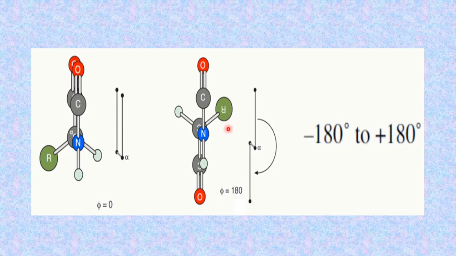If they are very bulky, they won't permit rotation around this particular bond. For example, glycine, where the side chain is just a hydrogen atom, permits the maximum possibilities of various rotational angles, while proline, which is structurally the most complex amino acid, is responsible for maximum steric hindrance.